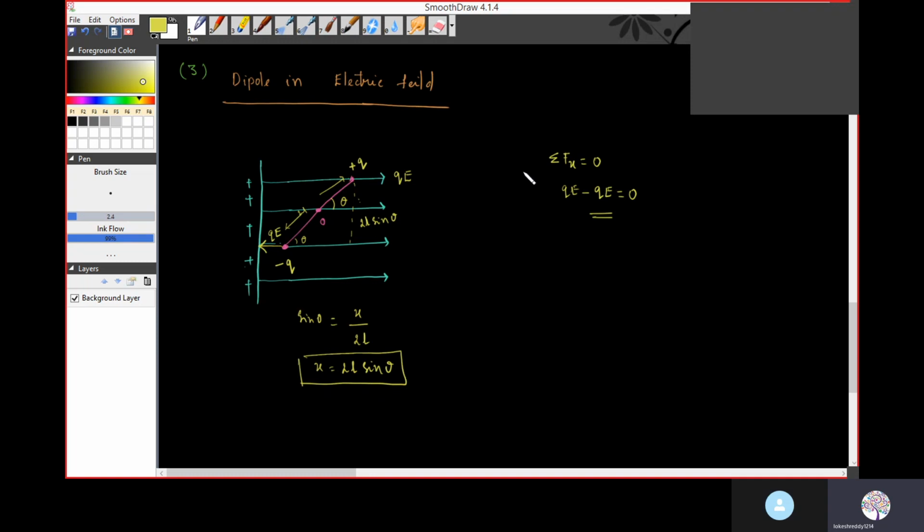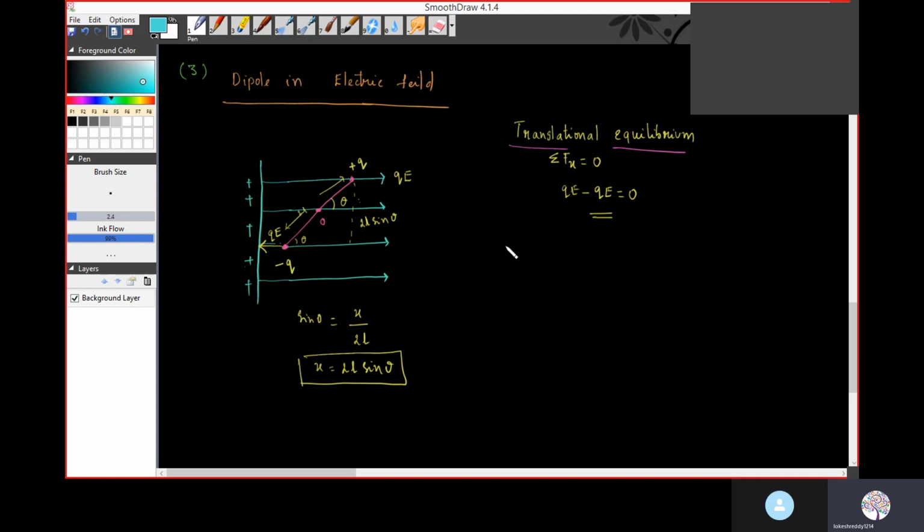Now this is translational equilibrium. The net force acting on it is equal to 0. But it does not have rotational equilibrium. It is rotating, which means torque is acting on the body.